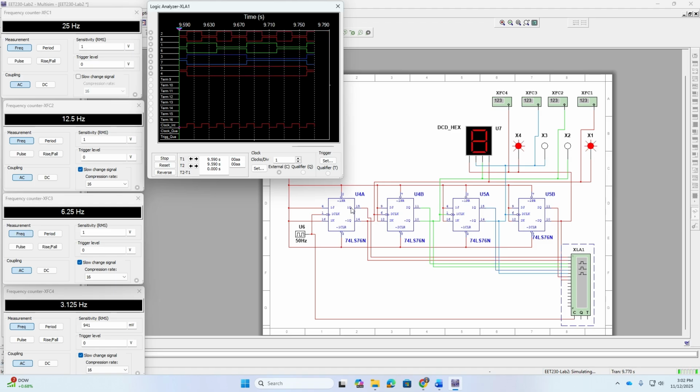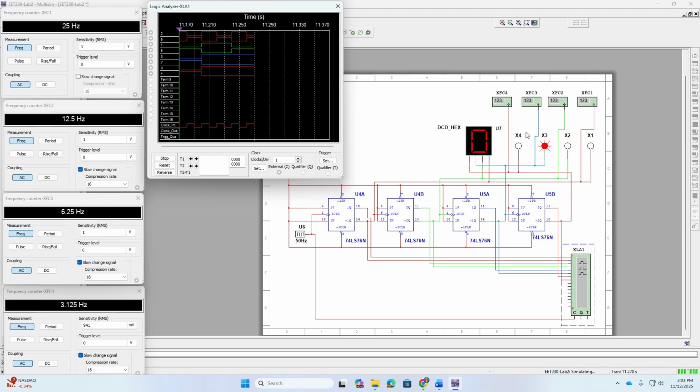So if we just switch the clock input from Q naught to Q, all we're doing is changing, say, the phase at which point it goes up and goes down, but the frequency divider is still going to be exactly the same. You should still see these same frequencies: 25 hertz, 12.5, 6.25, and 3.125. But I want you to let me know, will that change the direction that the clock is counting? I won't answer that question, but I want you to tell me.